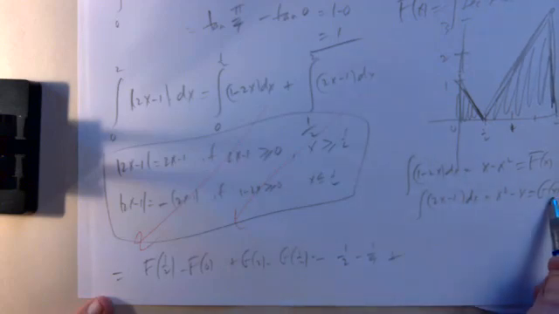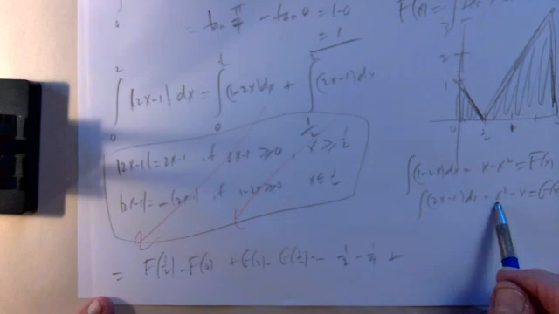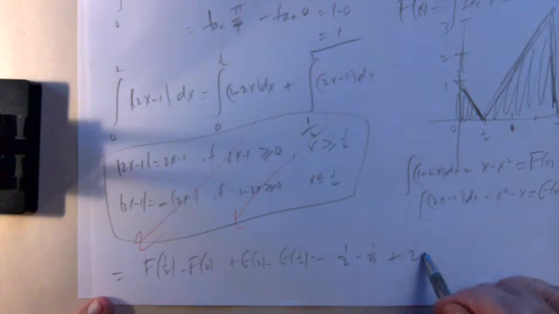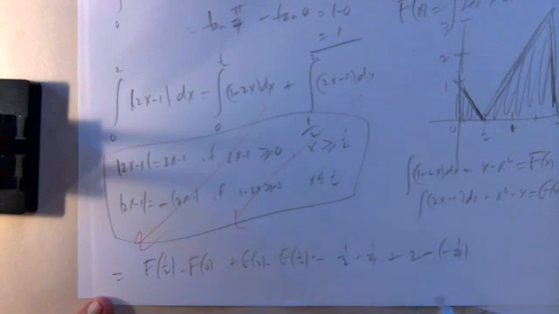And G of 2 is 4 minus 2, and G of a half is a fourth minus a half. So this is 2 plus a fourth minus a fourth plus a half.